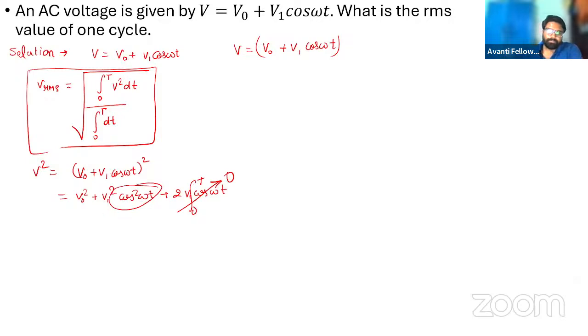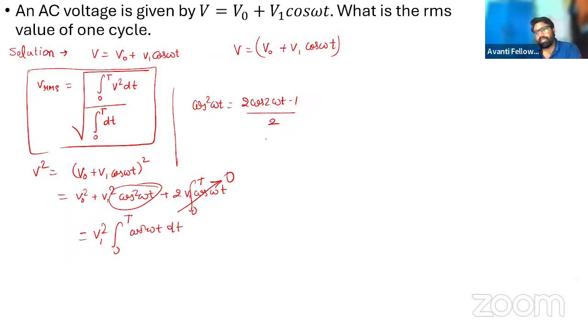And for a complete cycle, V1 square is a constant term. So integral 0 to T of cos square omega t dt. Now cos square omega t, how can you write it? I have told you in the previous class how to convert it.